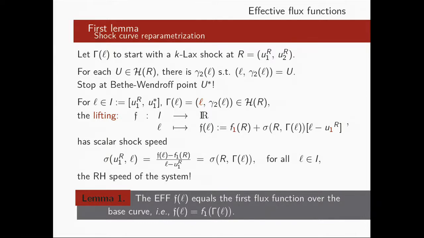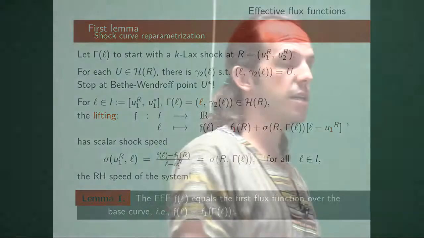So I'm going to take the first flux of the conservation laws. And this is exactly the velocity from the reference point to the point in the state space. If you see, this is going to be from an interval to the reals. So this is a function from 1D to 1D, and no longer a function from 2D to 2D.